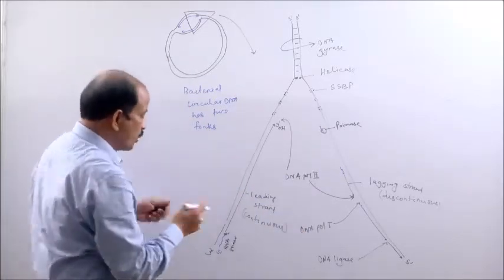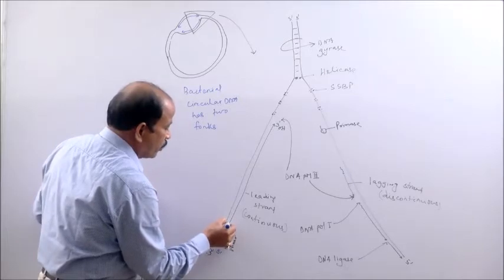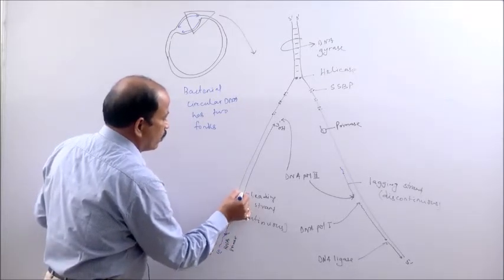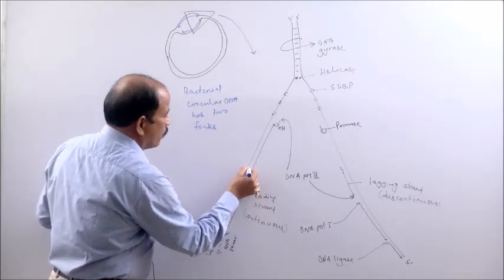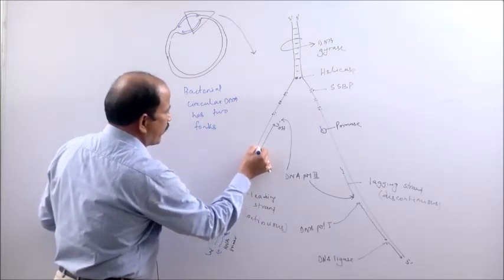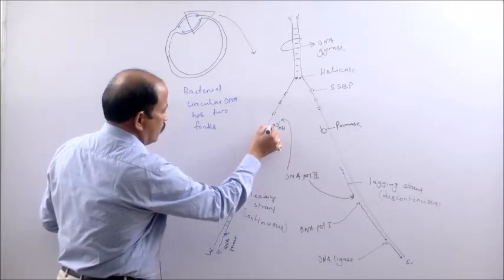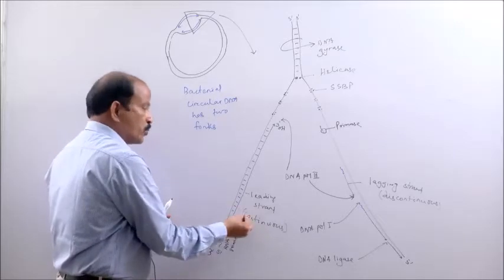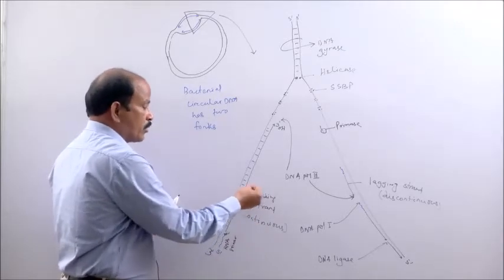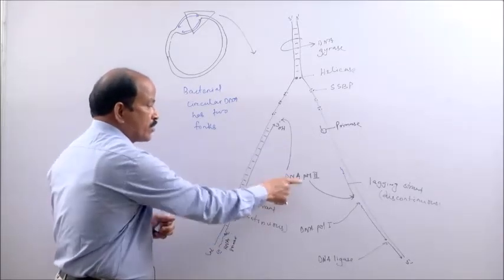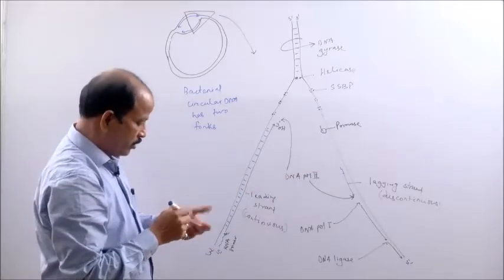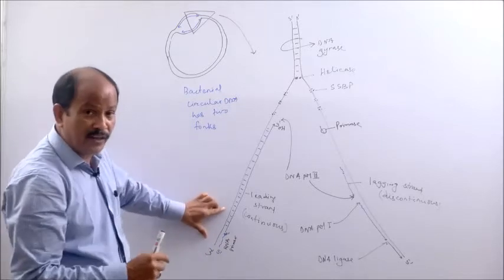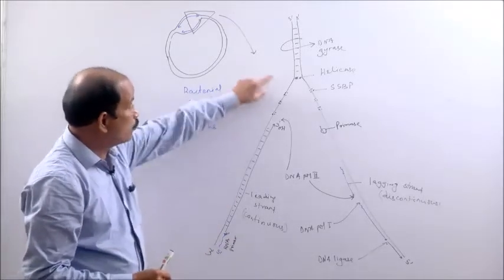The basic principle is, on the basis of the template strand, the nucleotides diffuse into this site, and one by one the nucleotides are added by this enzyme DNA polymerase 3. So here the template is read in 3' to 5' direction.